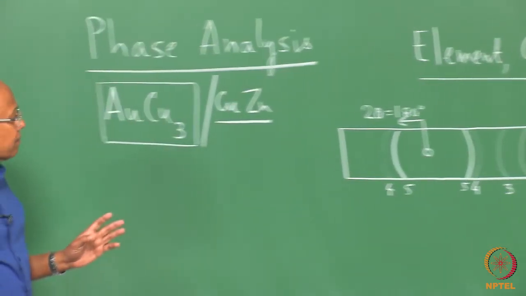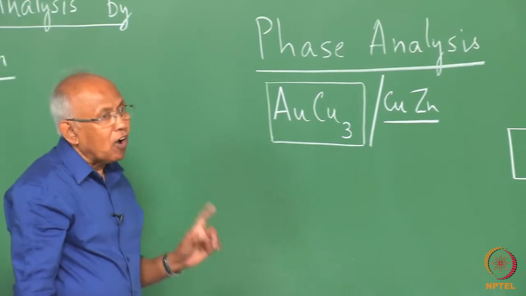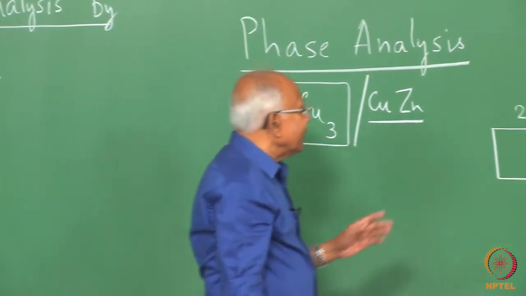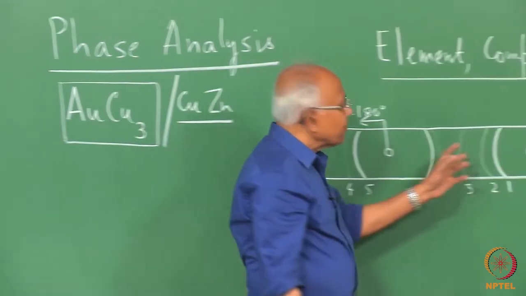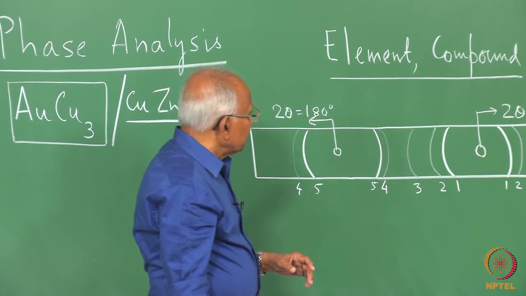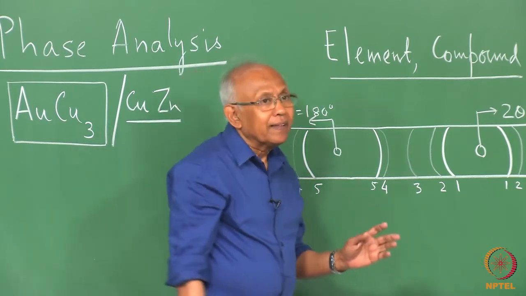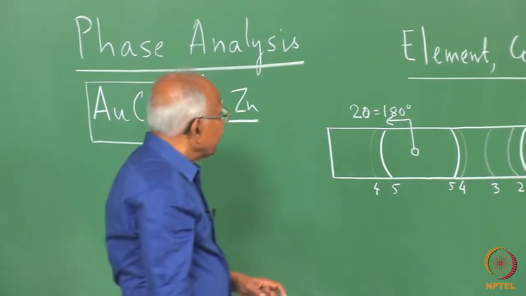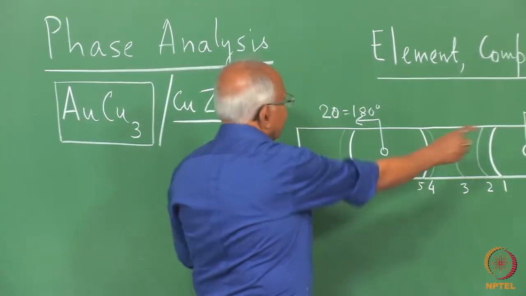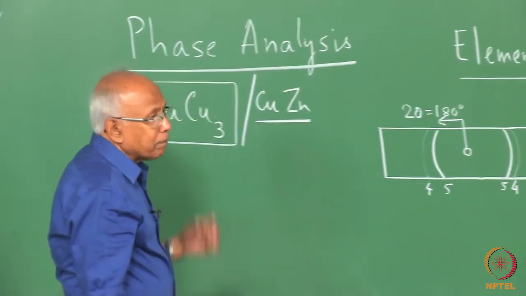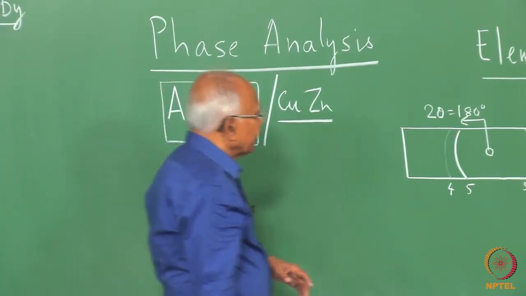The diffraction pattern taken from a particular phase will have a number of diffraction lines at definite theta values. Say for example, this is the diffraction pattern taken from a particular phase.